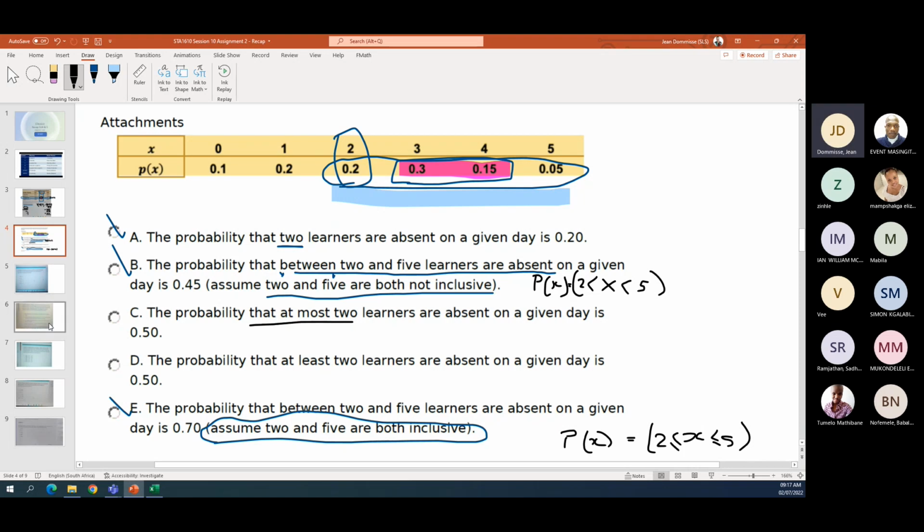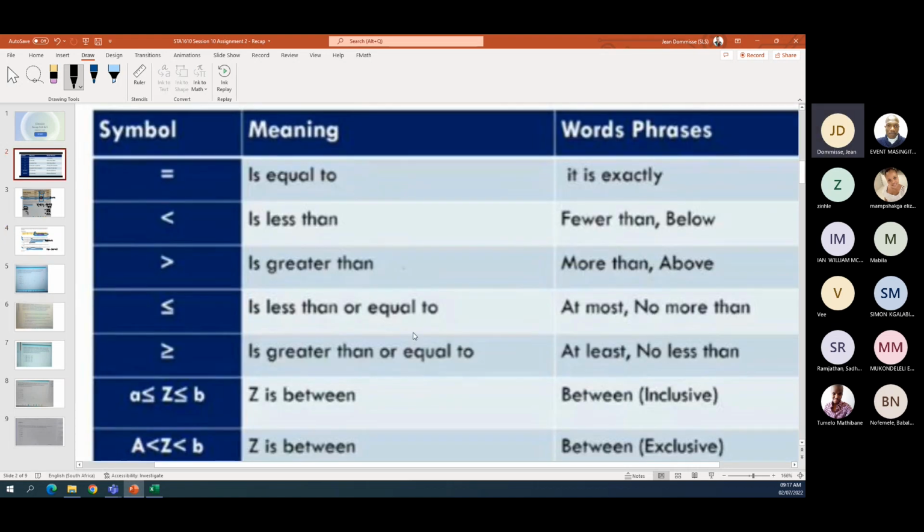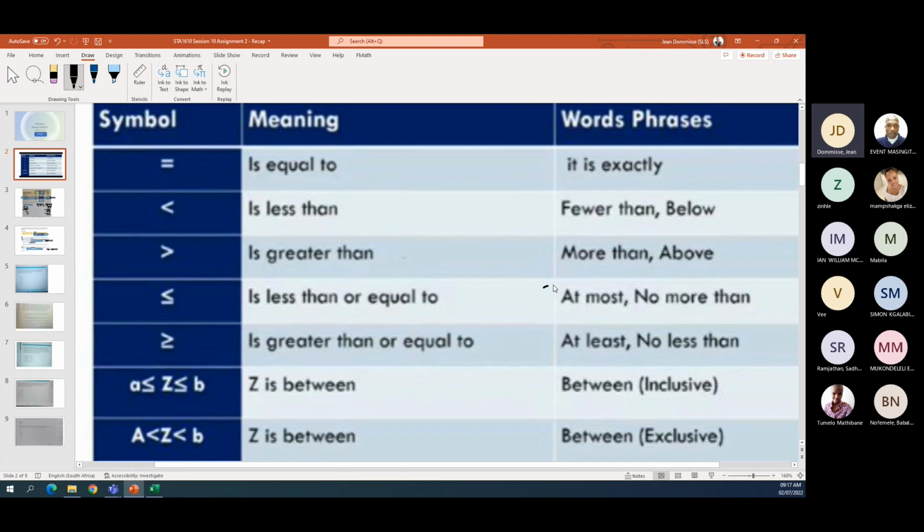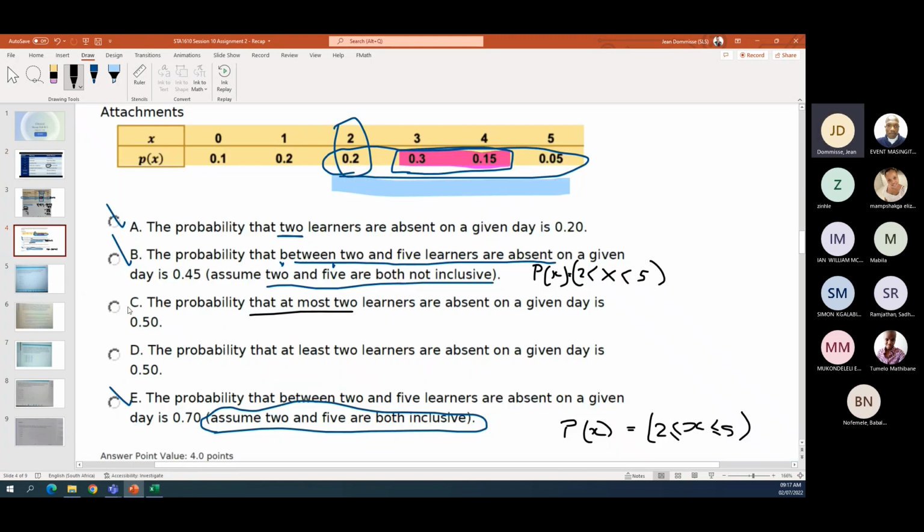Okay, so then let's look at the probability that at most, let's go to that. Where is at most? At most, smaller or equal to. So at most 2, what's the probability that x is smaller or equal to 2? See, now it was easy. I didn't really need to worry a lot.